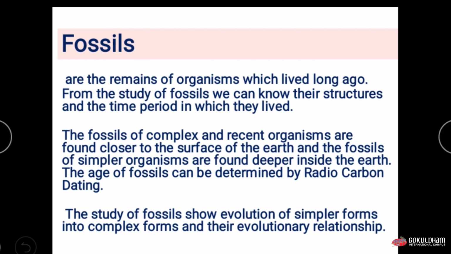Means fossils के यूज से हम पता लगा सकते हैं कि कौन से ऑर्गेनिज्म किस टाइम पे अर्थ पे रह चुके होंगे. Okay, the fossils of complex and recent organisms are found near the surface, and the simple organisms which lived long back are found deeper in the earth.